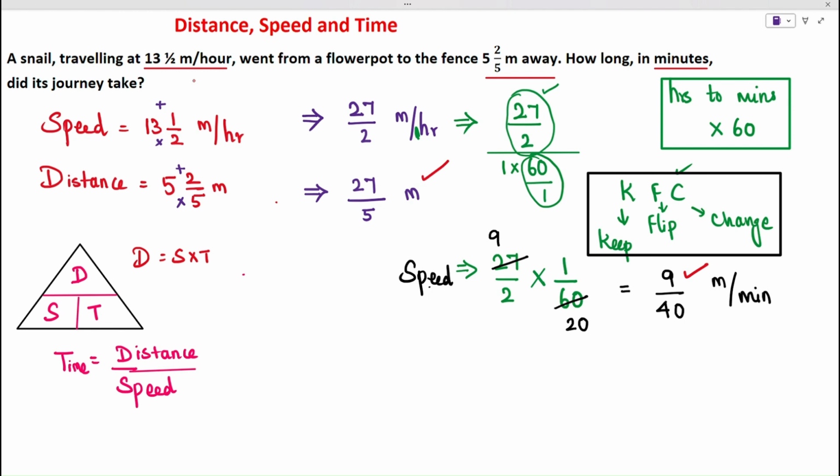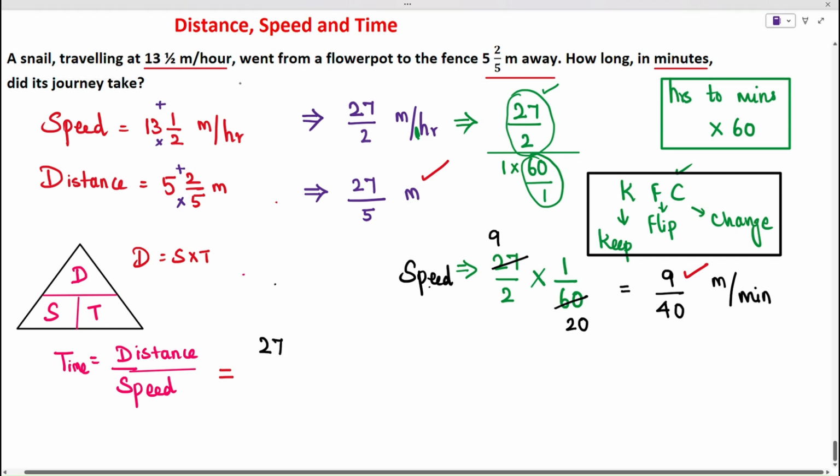Now we can substitute our values in. So distance we know is 27 over 5. And speed in meters per minute we know is 9 over 40.